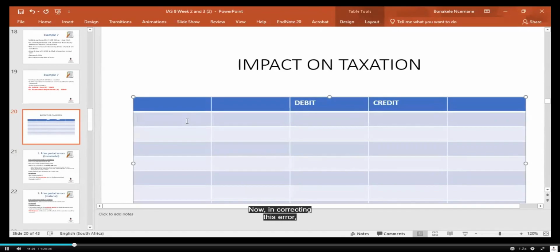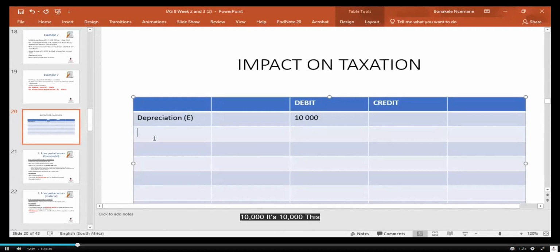Now, in correcting this error, what should have been the correct account to debit? It would have been depreciation. Now indicate which element it affects: expense. So we have an E for an expense, indicating that this affects an expense. And how much do we put on the debit? 10,000.